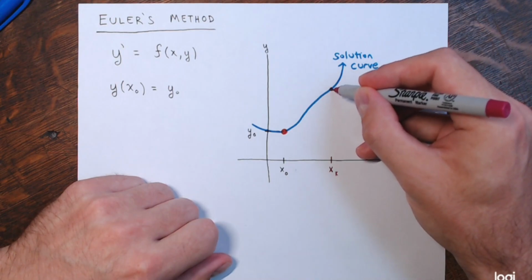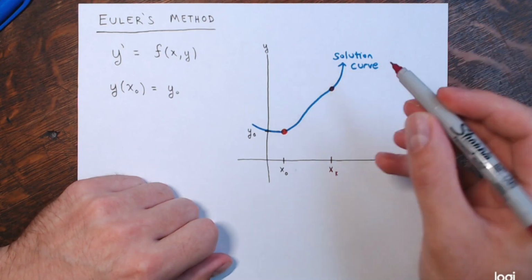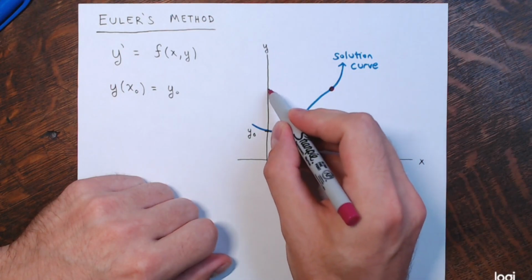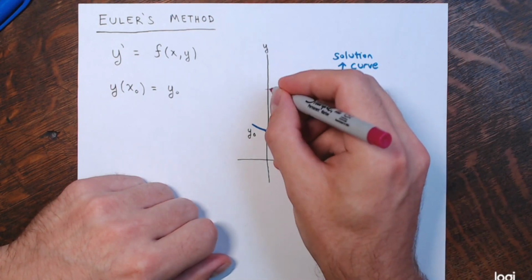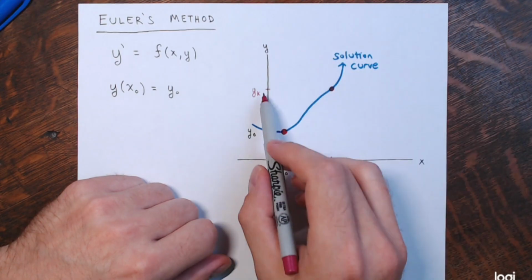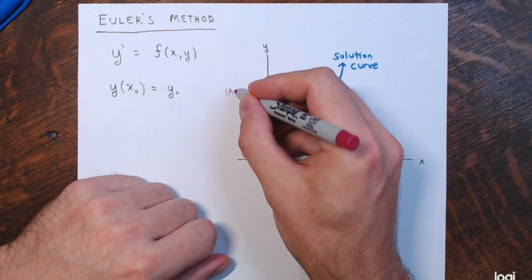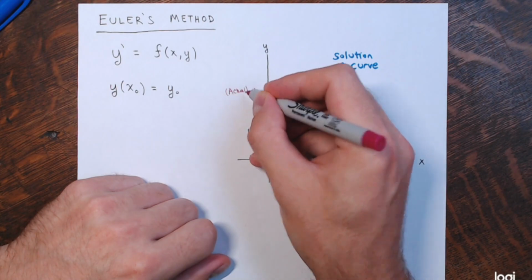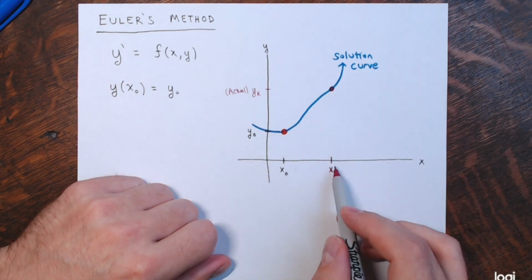So here's the actual value, and we'll call this y sub k here. So here's the actual value on the solution curve at this x sub k.